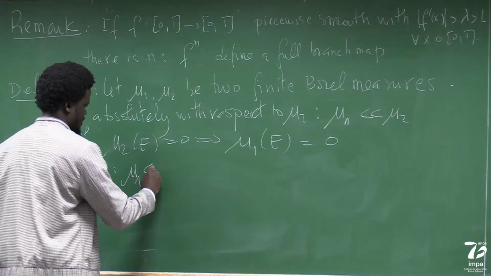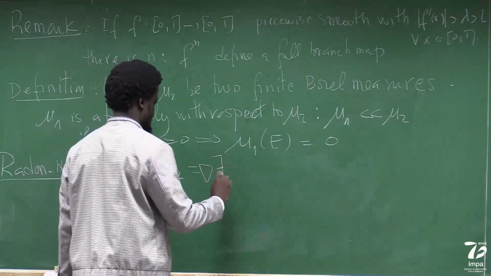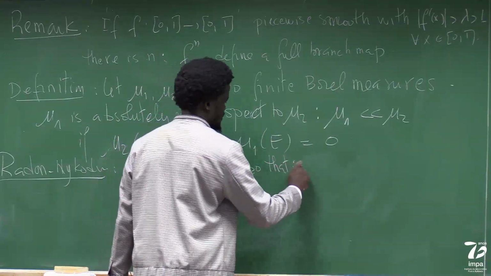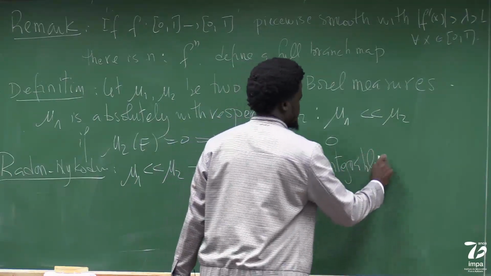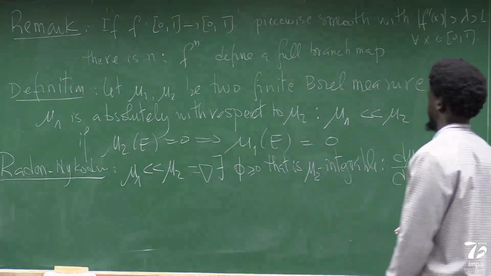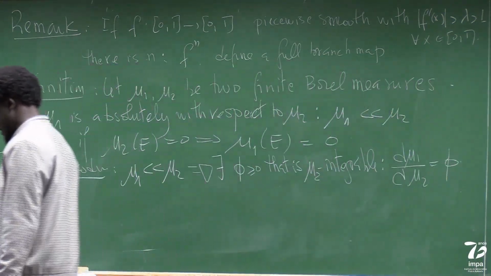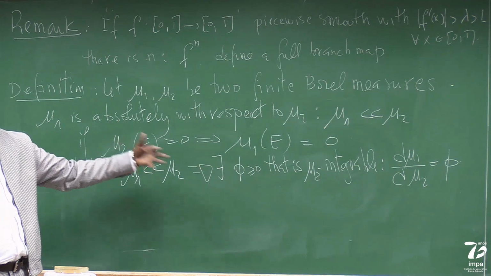If μ1 is absolutely continuous with respect to μ2, there exists a positive φ that is μ2-integrable such that dμ1/dμ2 = φ. Why did I say that when we study these types of maps, like full branch maps or expanding maps, we are interested in something that looks like Lebesgue?